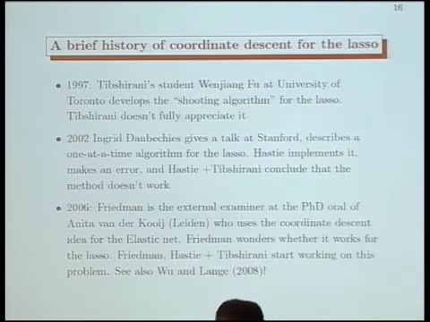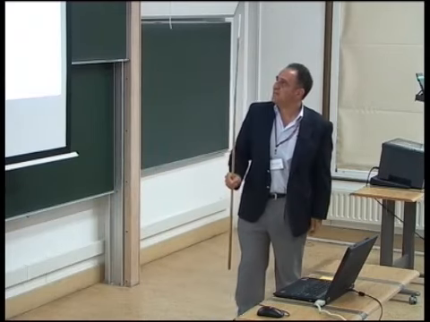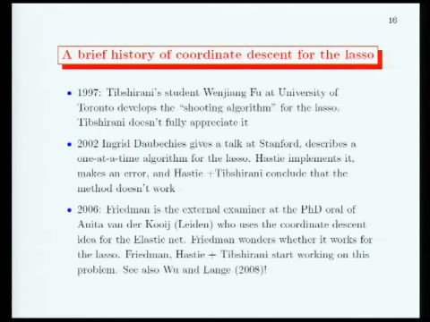Okay, so this is sort of interesting, and this slide's a little unusual, but I wanted to throw this in here anyway, especially for the grad students but also for the faculty, because it shows how science proceeds in very odd steps. So I did the Lasso in 96, 97 in Toronto, and I had a graduate student who, as part of his thesis, developed something called the shooting algorithm.